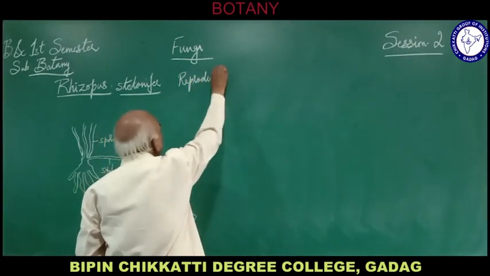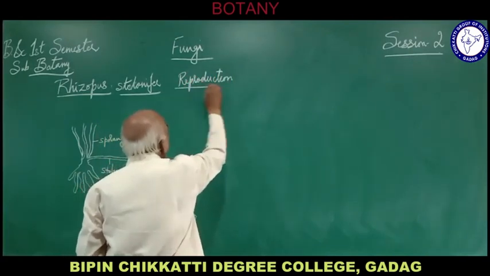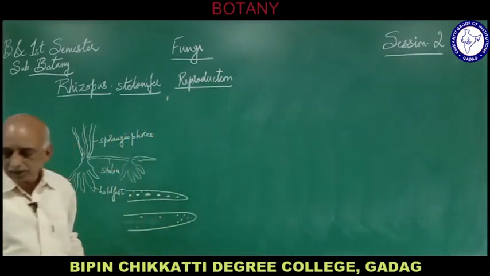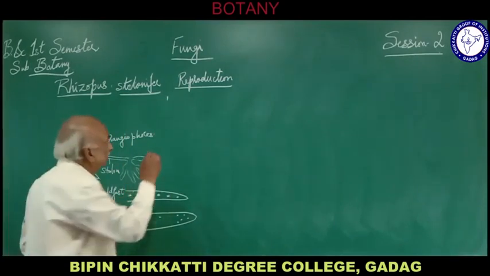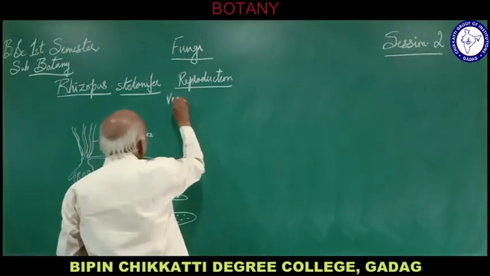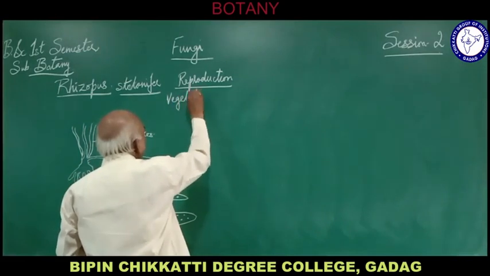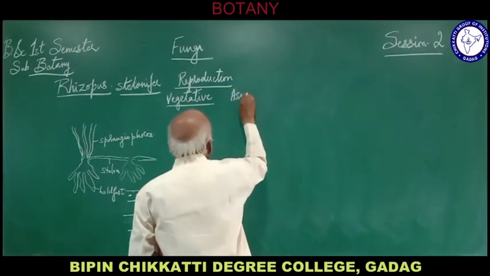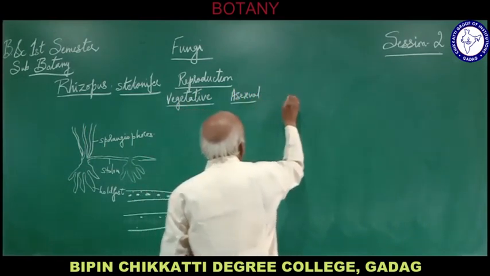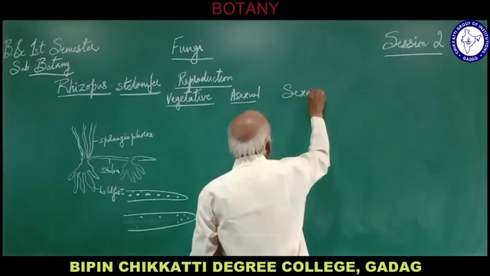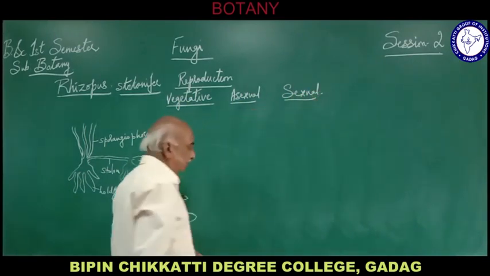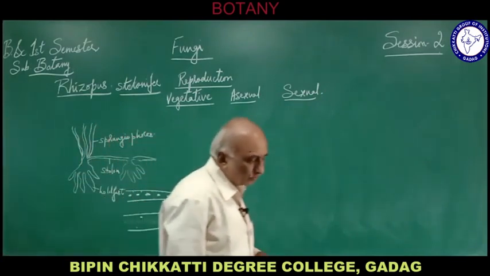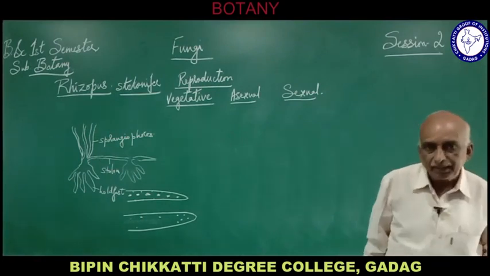So that is about the structure of the thallus. When we come to reproduction, again we come across the vegetative type of reproduction, then asexual reproduction, and sexual reproduction. In asexual reproduction the method is by spores, and in sexual it is by gametes.